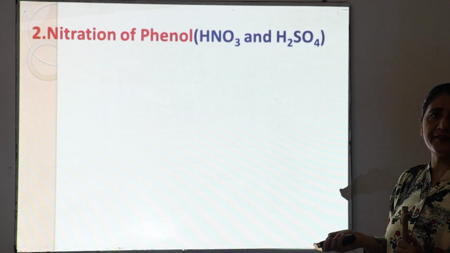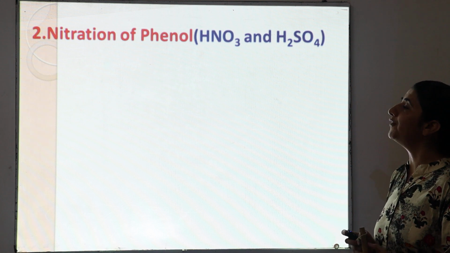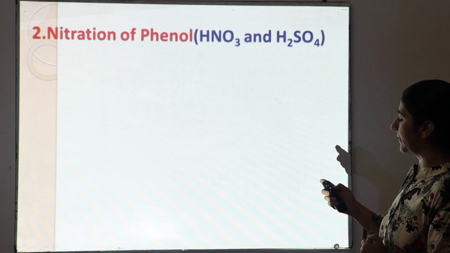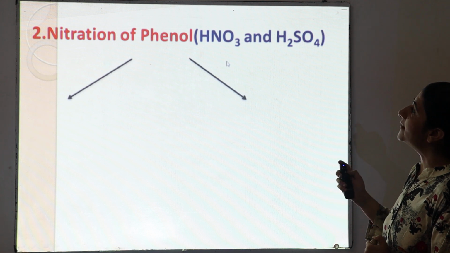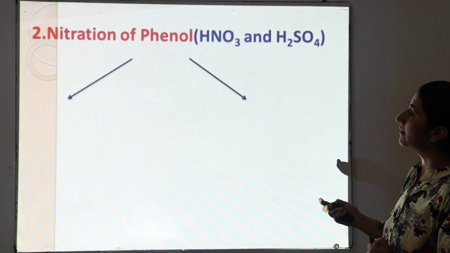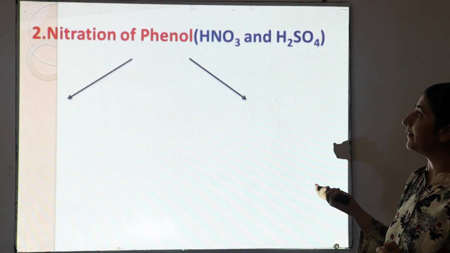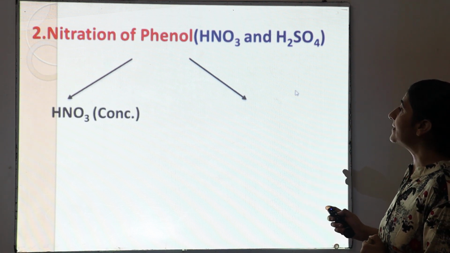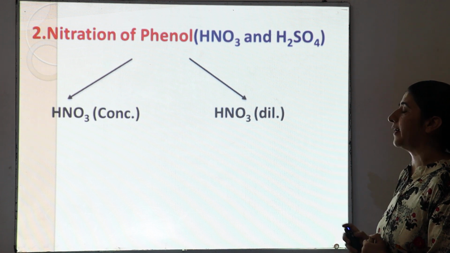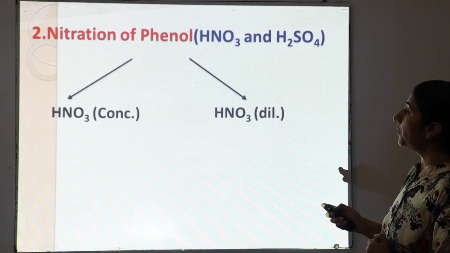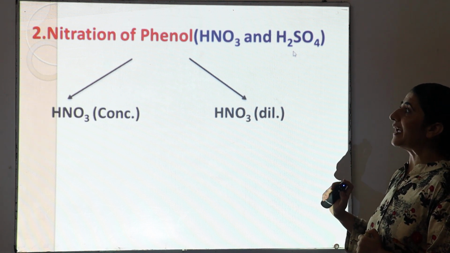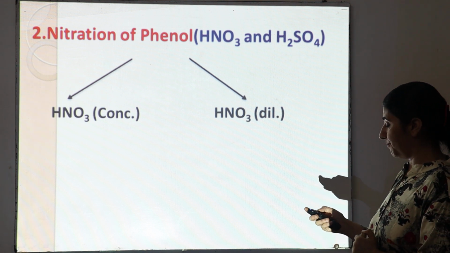The next one is nitration of phenol. The nitration of phenol takes place in the presence of nitric acid and sulfuric acid. We have two ways of carrying out the nitration of phenol. Number one, in the presence of concentrated nitric acid, and second is in the presence of dilute nitric acid. So in the nitration of phenol, which species acts as the electrophile?